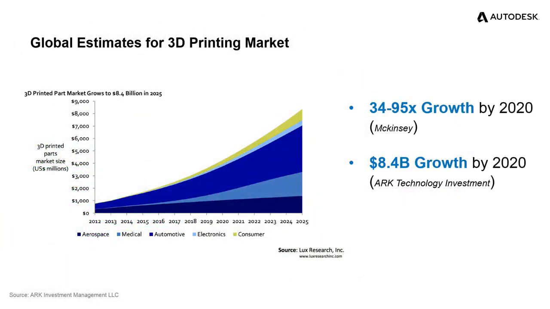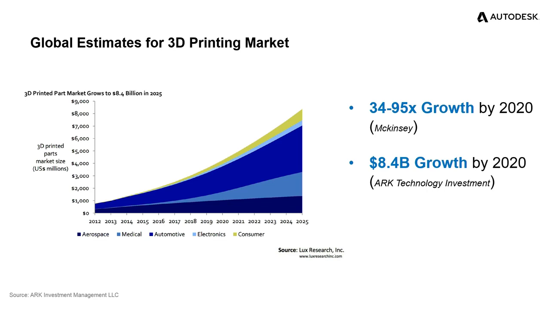So I'm sure we've all heard the hype of the 3D printing market. There's probably lots of presentations that you'll see throughout the week on 3D printing. There's a lot of 3D printing components that you'll see throughout the exhibit hall. We see throughout the industries that each one is growing rapidly, whether it's aerospace or automotive or consumer products.